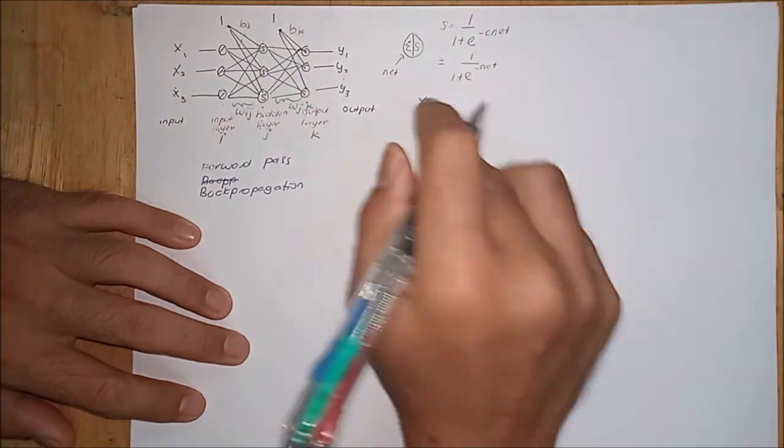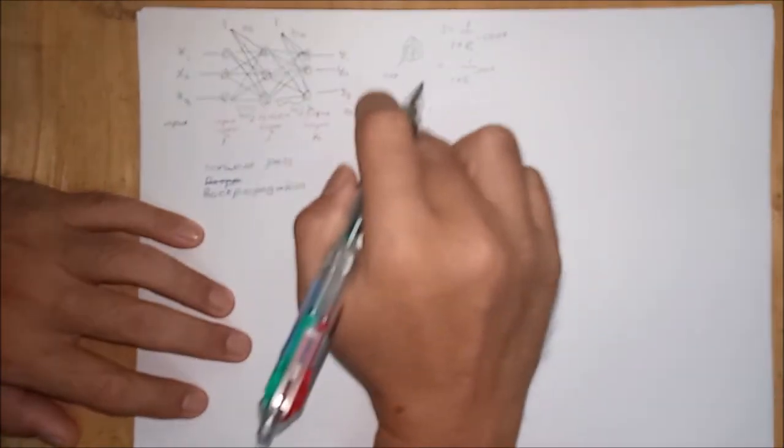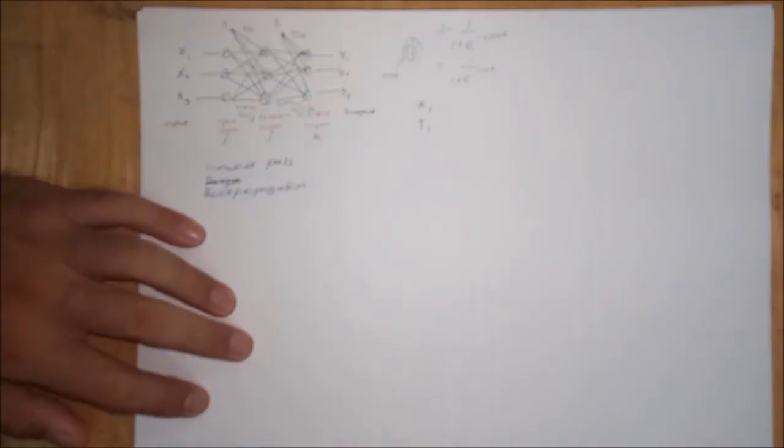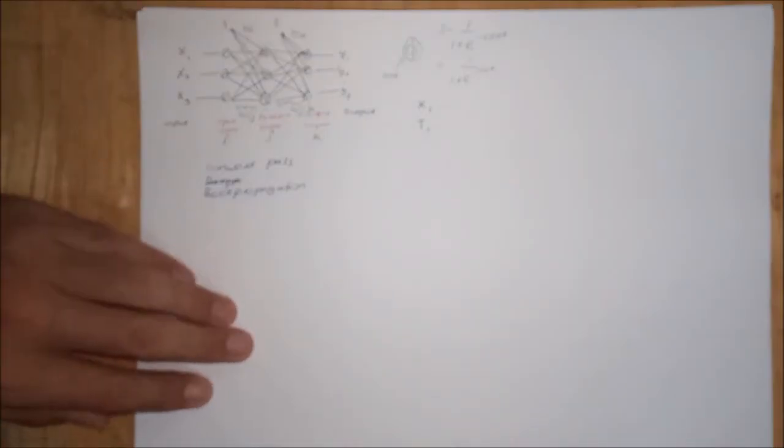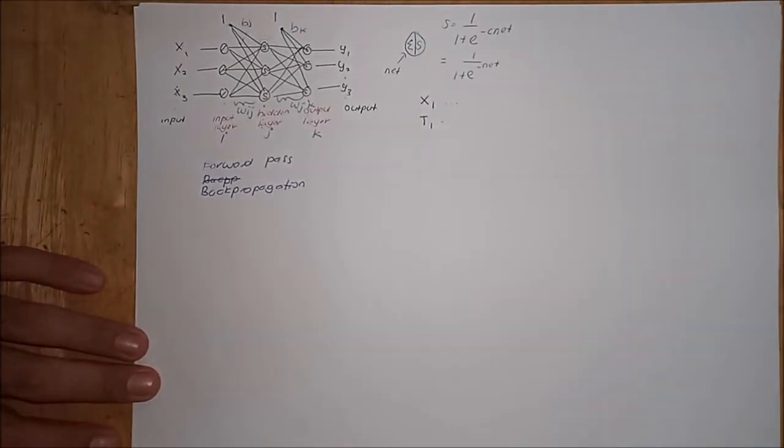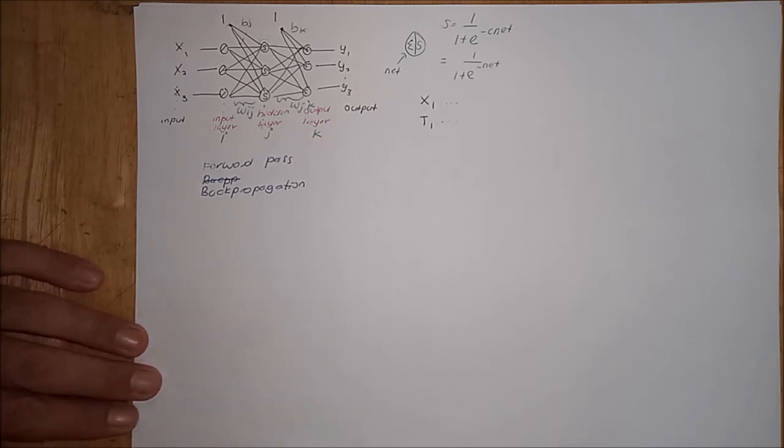T1 is the label for x1, so t is defined as the target during the derivation process. Now we can move on to the next part, where we will define forward propagation.